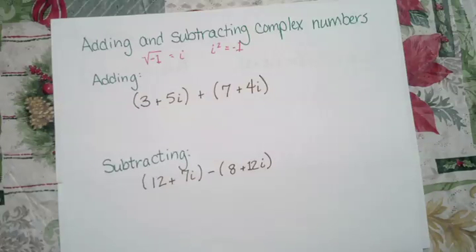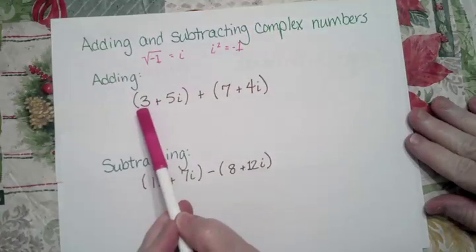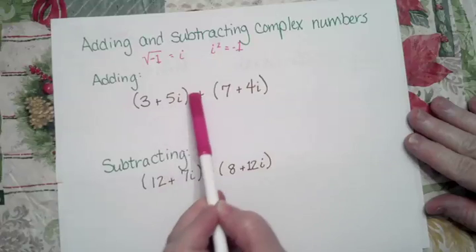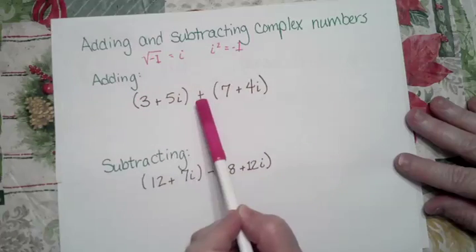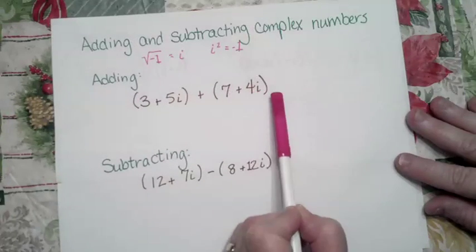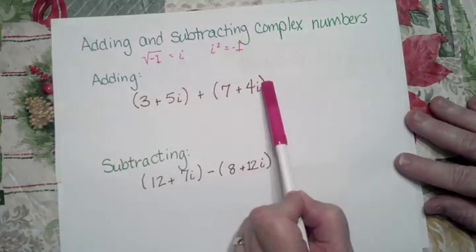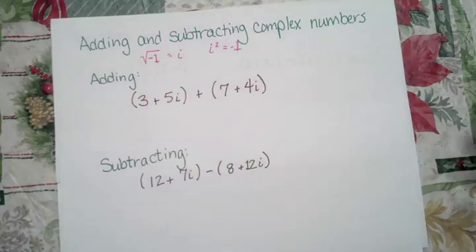Because in this case, this becomes like adding like terms. Nothing new at all. So here's an example of adding. I have 3 plus 5i, that's one complex number, plus 7 plus 4i, which is another complex number. Now, just because we have them grouped in complex numbers doesn't mean that any of the properties that we've learned about adding and subtracting have changed.